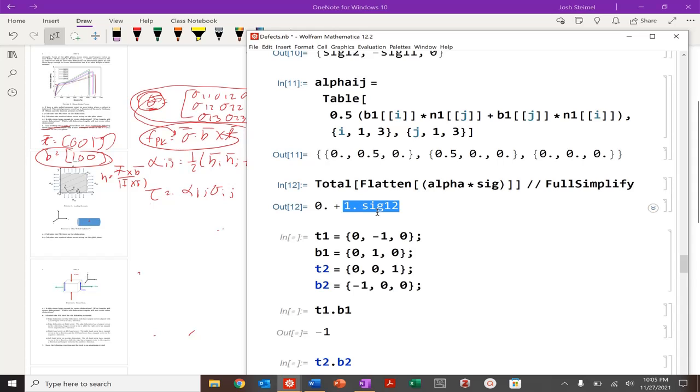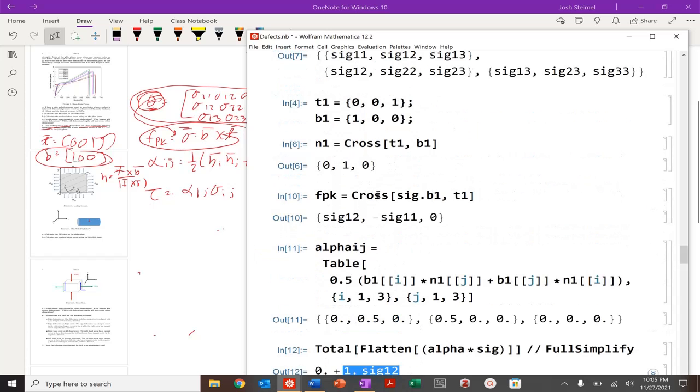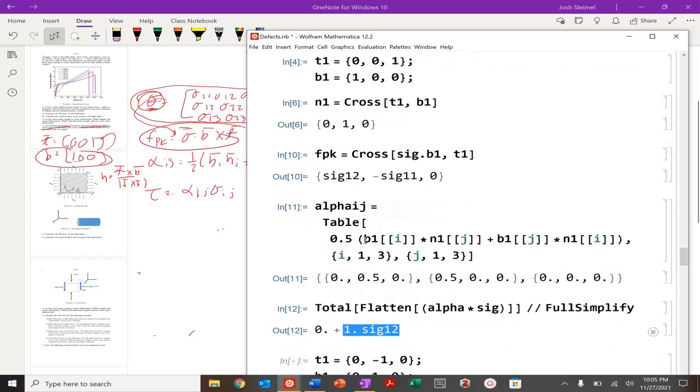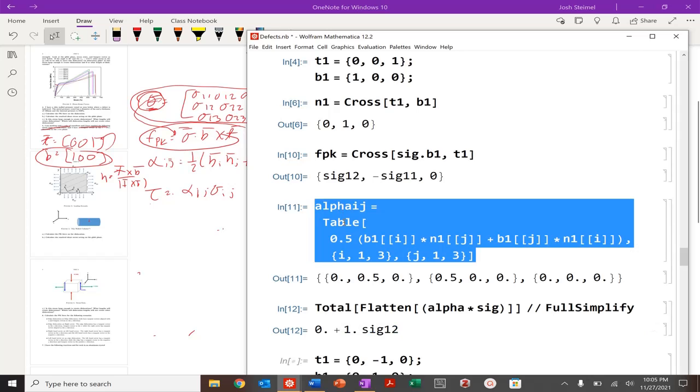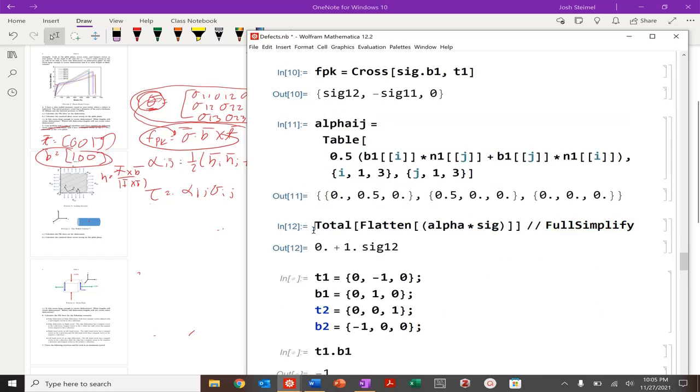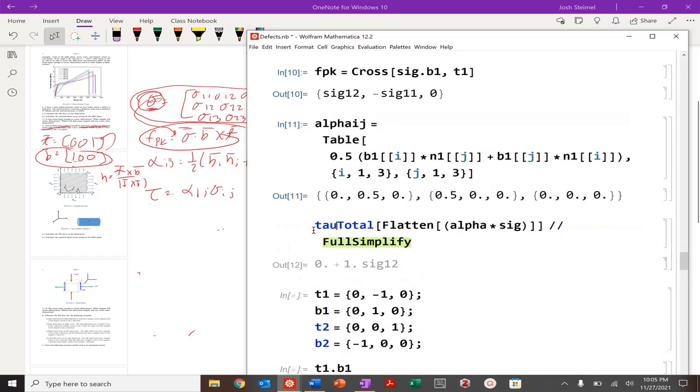That's it. So those are the values that you're going to utilize for this course. So yeah, that's pretty much how you do it. And this is just, again, a general example. So I hope this helps for calculating your Peach-Koehler force, your Schmid resolution tensor right here, and then finally your resolved shear stress tau.